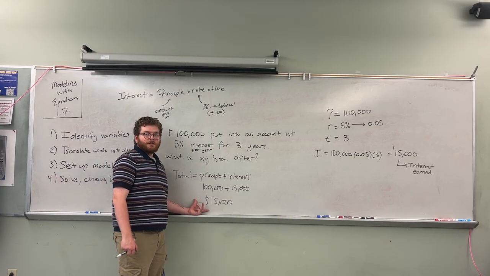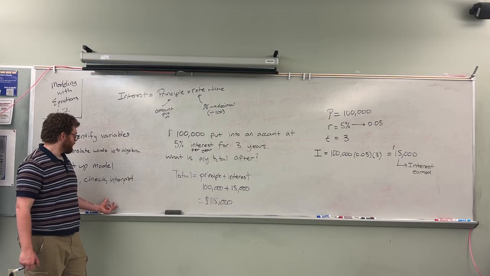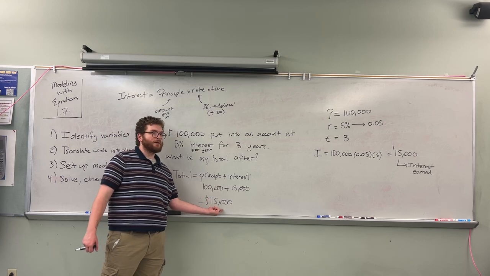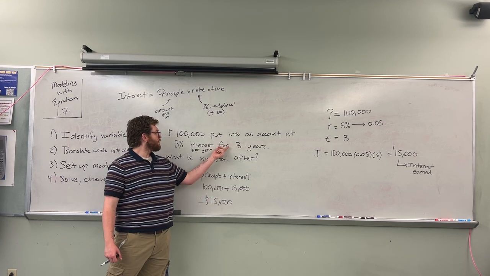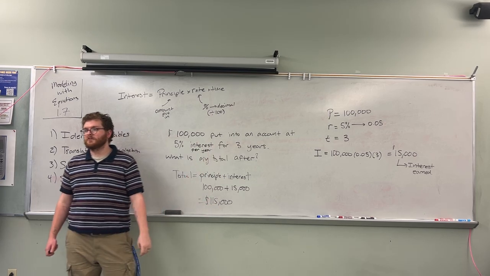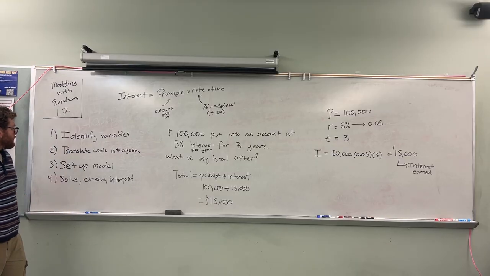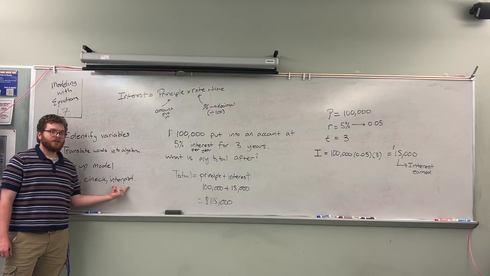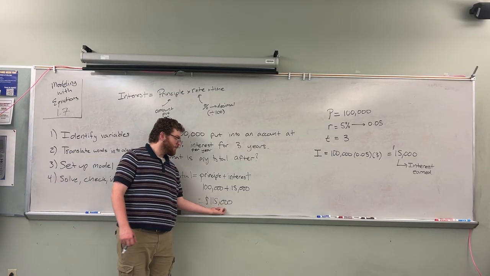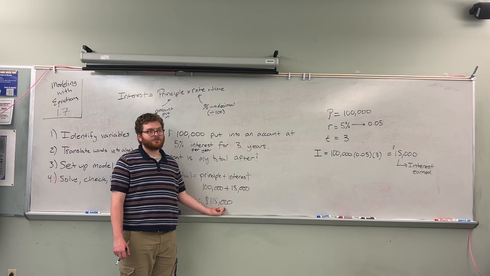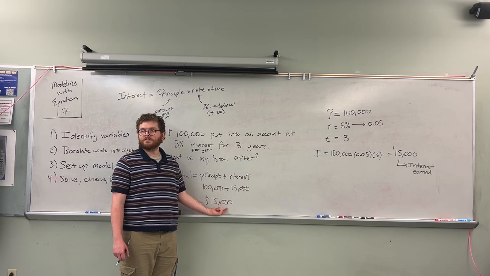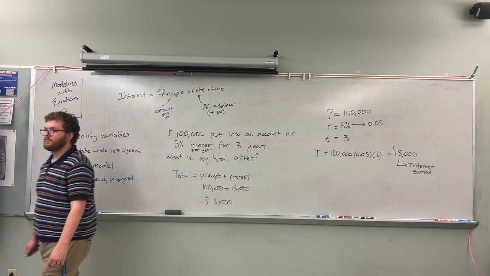There's my solution. I could check this by making sure that this is equal to my original plus what would eventually be 15%. And then interpreting this as my total amount in the account after 3 years at 5% interest yearly is $115,000.